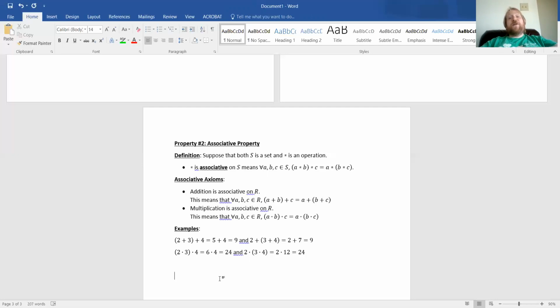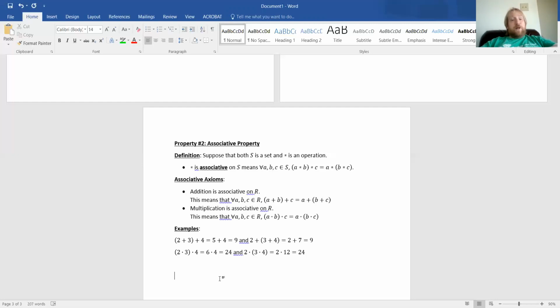There are infinitely many real numbers, and thus infinitely many ways to pick 3 real numbers. Infinity to the third is infinity. So there is no way that we could verify this for every combination of 3 real numbers in our lifetime. So we have to accept these as axioms, and we do that for addition and multiplication being associative on the real numbers.